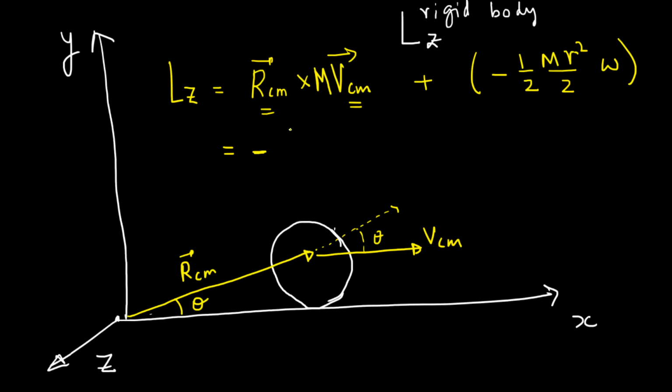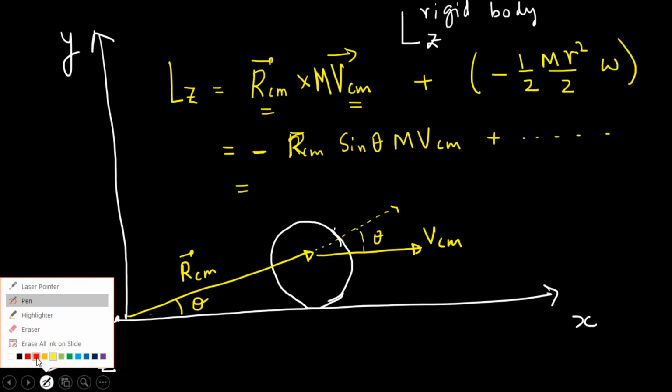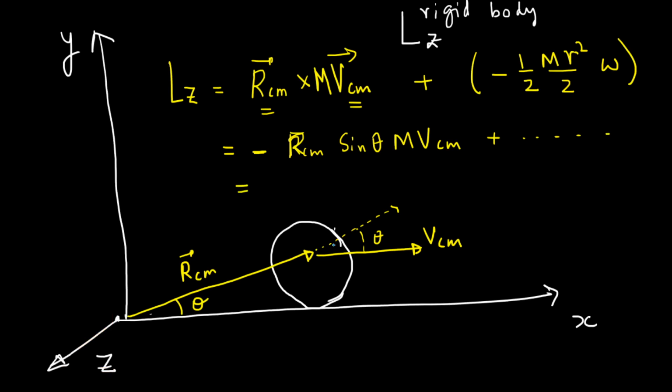Now let's look at the magnitude. Magnitude is RCM sine theta into MVCM plus something that we already know. And now this is very nice, because I think you'll readily agree that R sine theta is this blue thing.